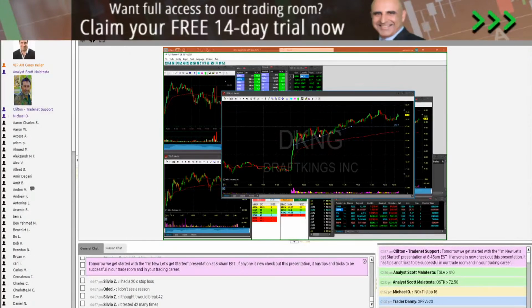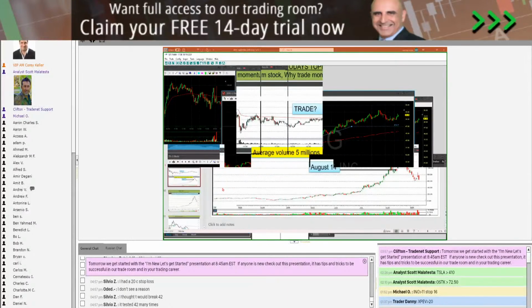Now, is it the perfect bull flag that I want to see, where I'm trading it with very little risk? Not really. But if you look at the pattern here, the fast and furious leg up, then the move sideways, the creation of this 2-hour bull flag, that's shameful that we didn't take advantage, or most of us probably did not.